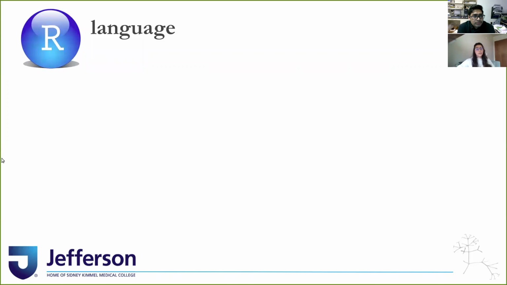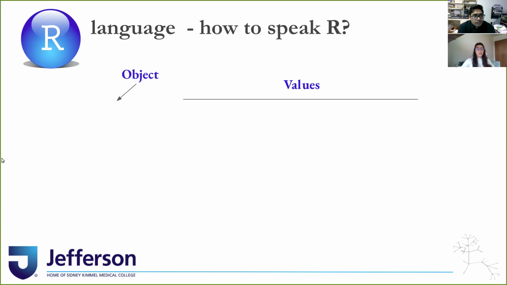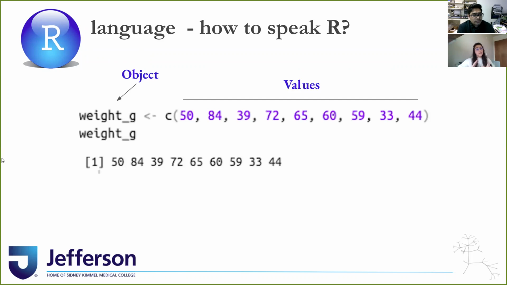So before going to the R Studio session, I'm going to explain a bit about how the language works. You will see that it's very intuitive. So how to speak R? You can imagine that R is based on objects. Each object is like a drawer in which you keep information. So first, you need to name it.